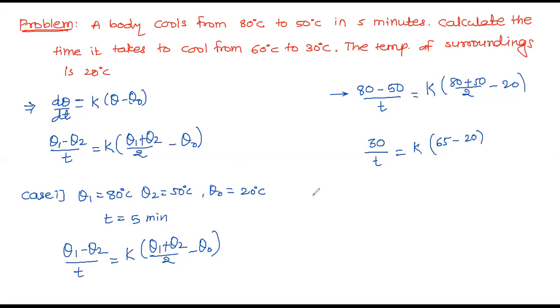And t also we have to substitute, right? So let's substitute t also here. So this is 30 by t is equal to k into 65 minus 20.